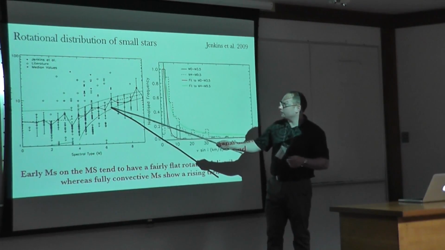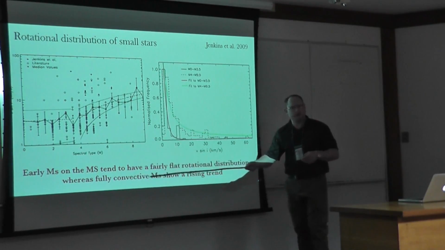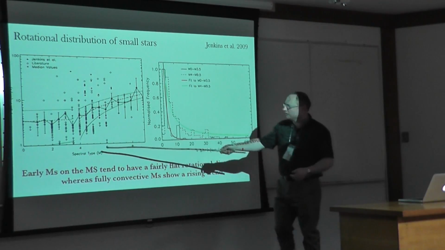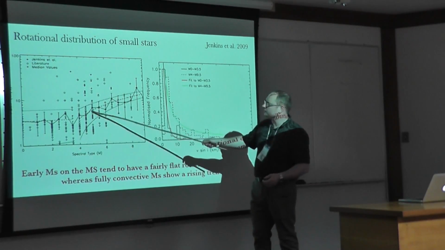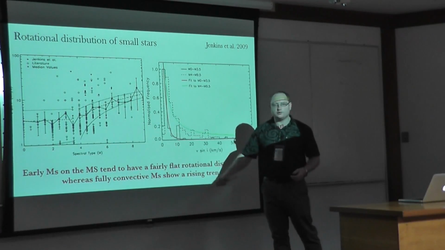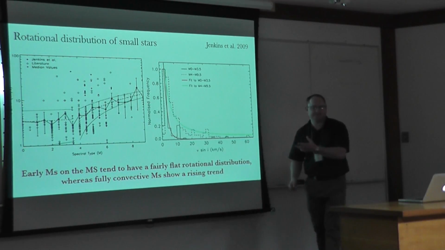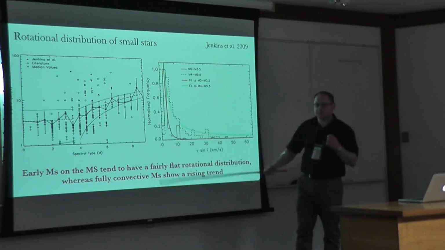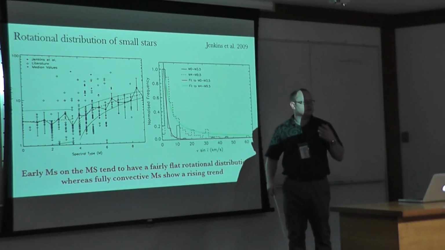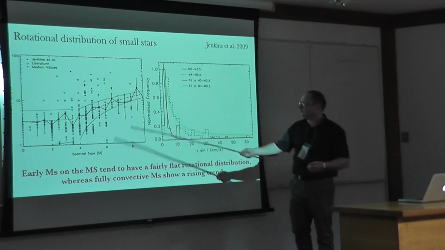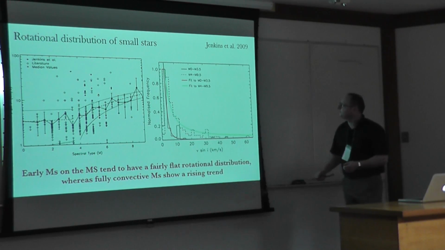And then you look at things after the canonical fully convective boundary, somewhere in the M4, M5 regime. If you look at those, the distribution of rotational velocity starts to increase. And so this is at least partially the reason why we see these late M dwarfs with high radial velocity scatter. We'll look at it tomorrow and see why.